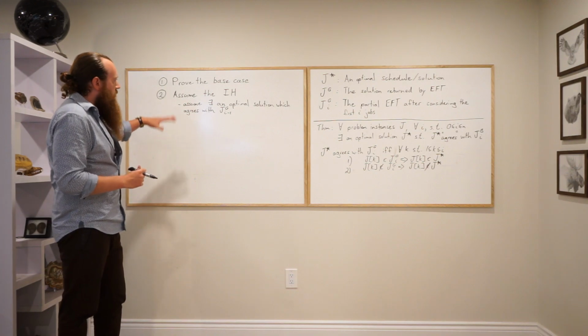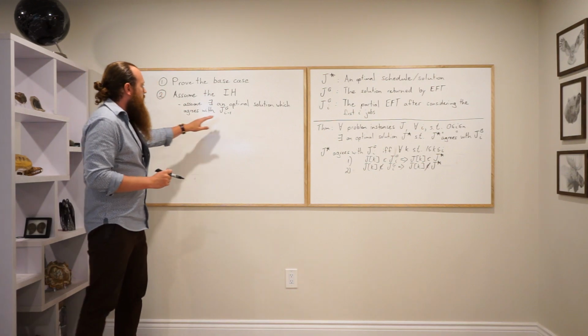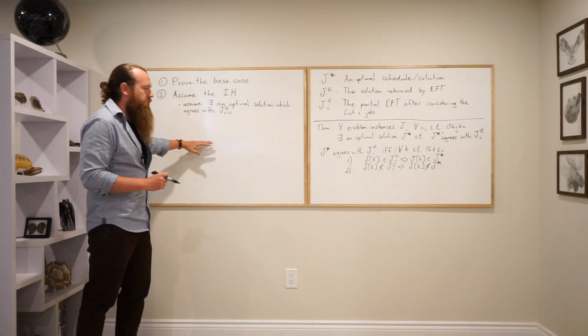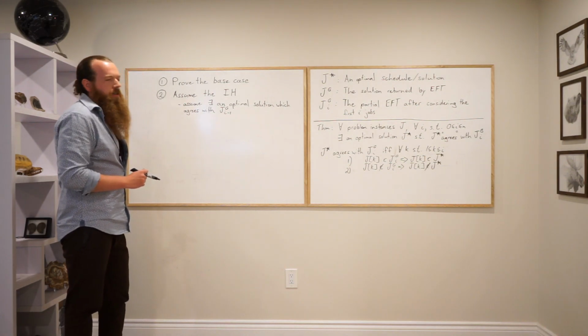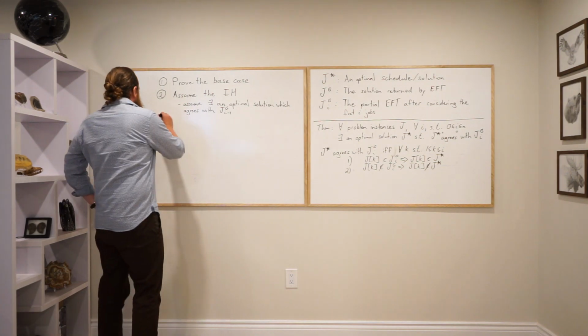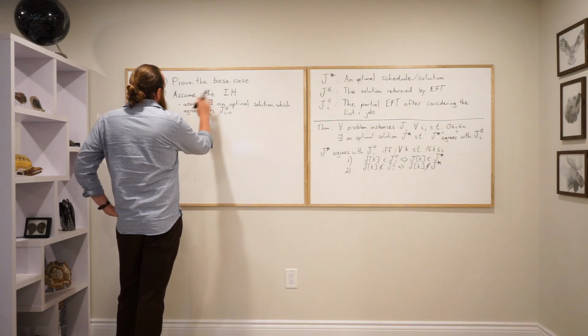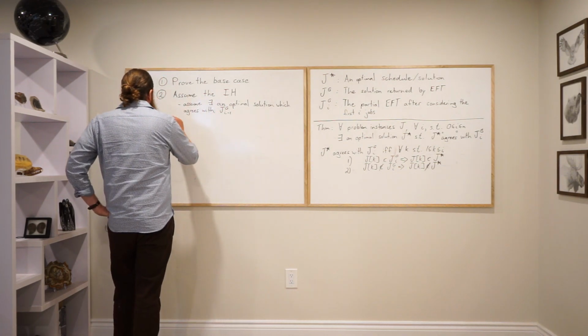Now, depending on how you learned induction, you might say assume it for I and then prove it for I plus 1, or assume it for I minus 1 and prove it for I. It's the same thing, really. It doesn't matter.